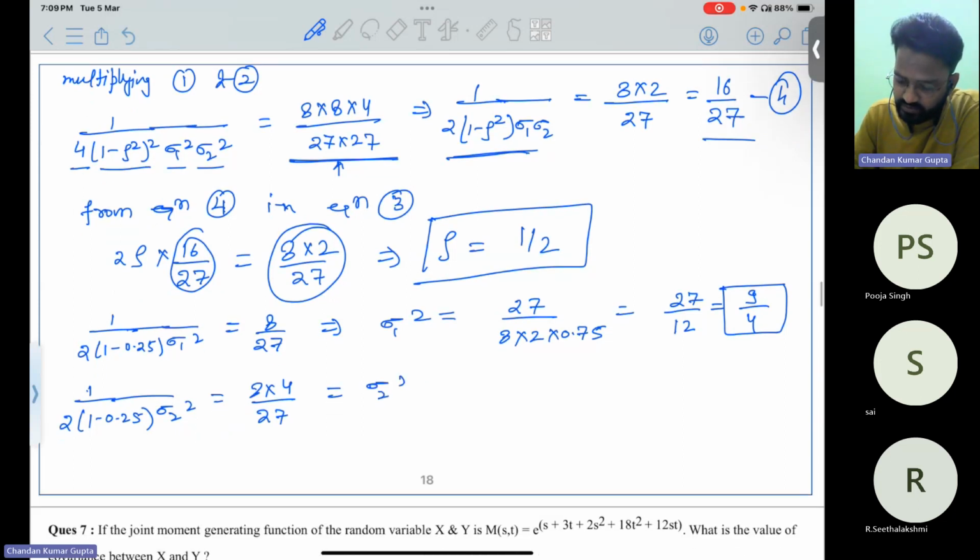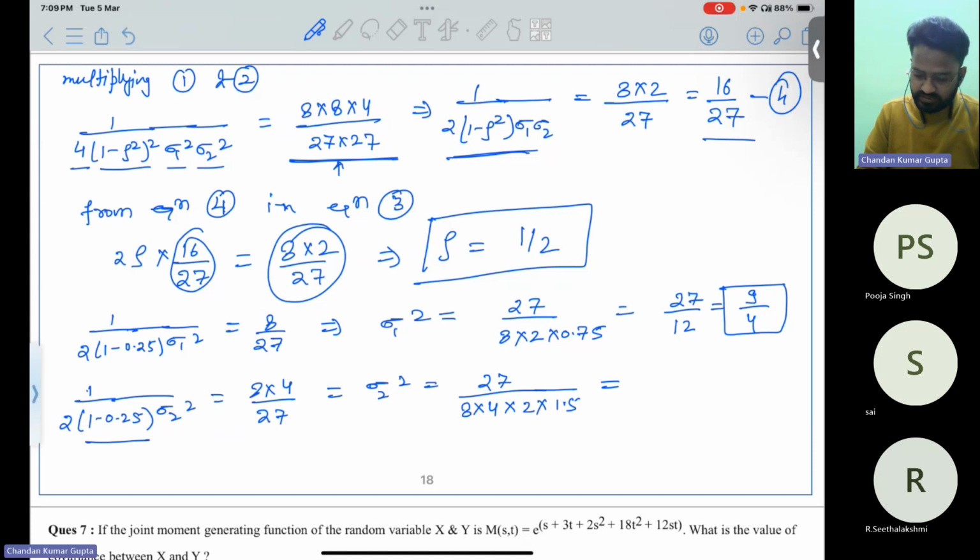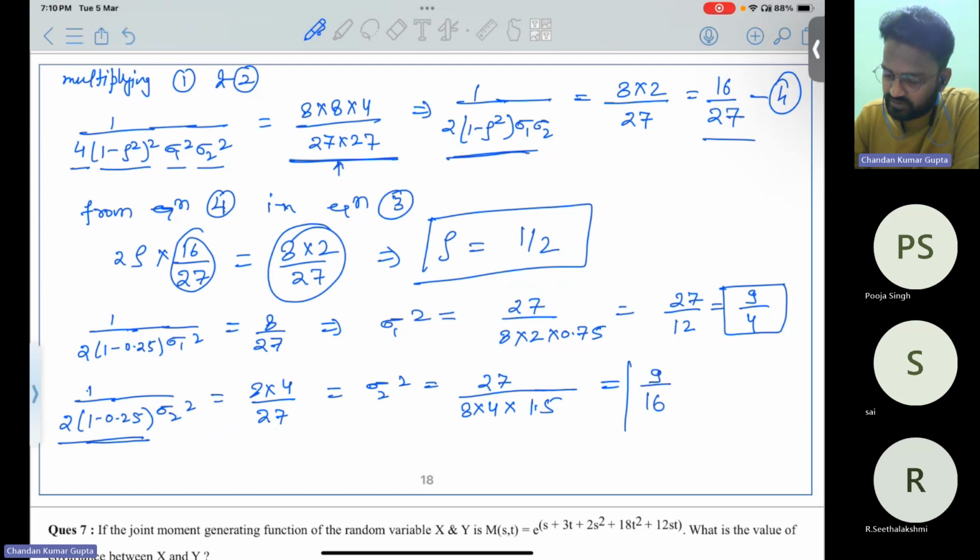So simply sigma 2 square is equal to 24 upon 8 into 4 into 2 into 1.5, and it comes out to be 27 upon 48, which is around 9 upon 16.